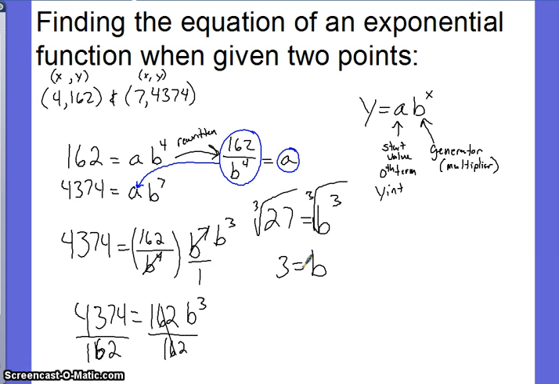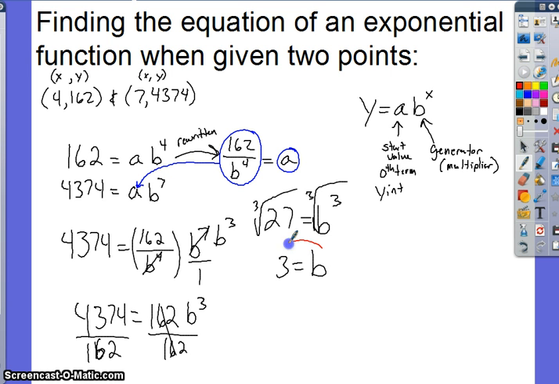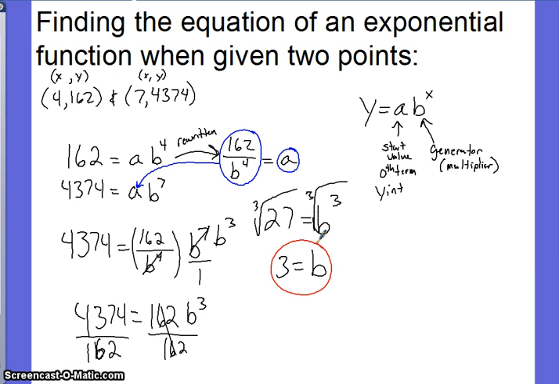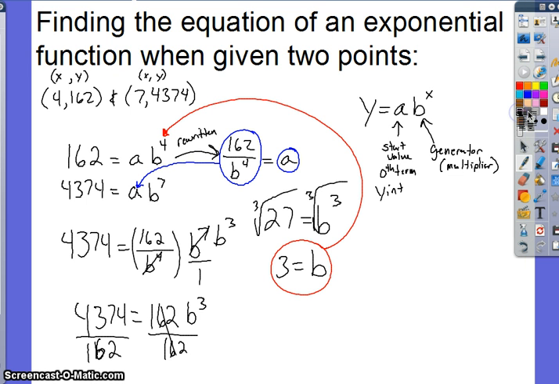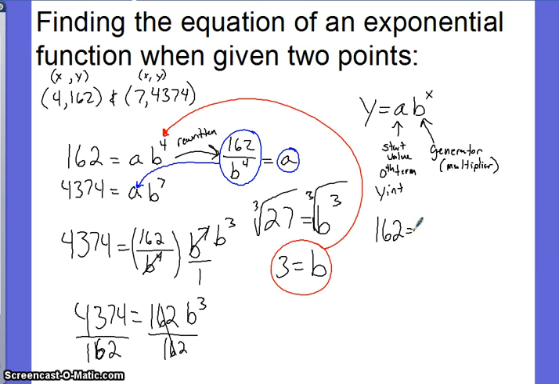Now that I know b is 3, I can substitute that into one of my two equations up here. So I substitute in 162 is equal to a times 3 to the 4th.